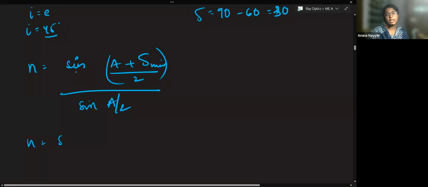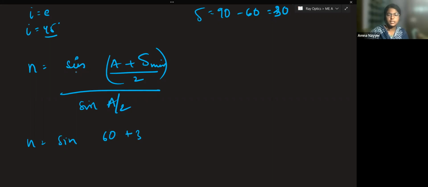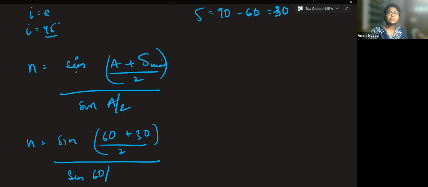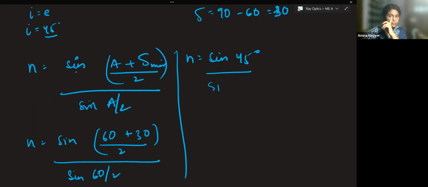So A is 60, delta minimum we have calculated as 30, divided by 2, divided by sine of A by 2, that is 60 by 2. So this becomes 90 by 2, that is 45. So sine 45 degrees divided by sine 30 degrees.